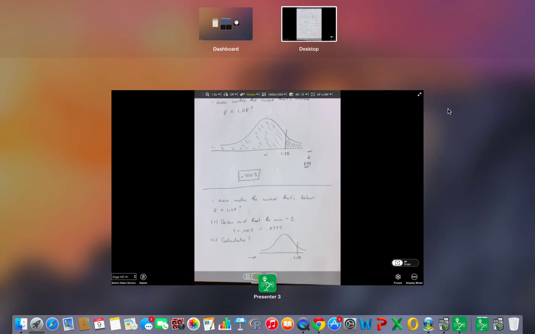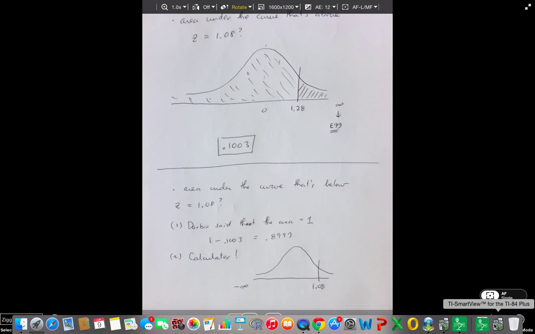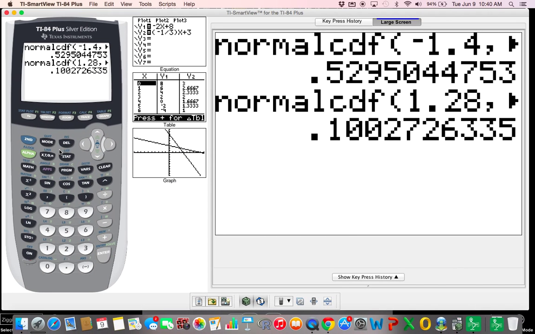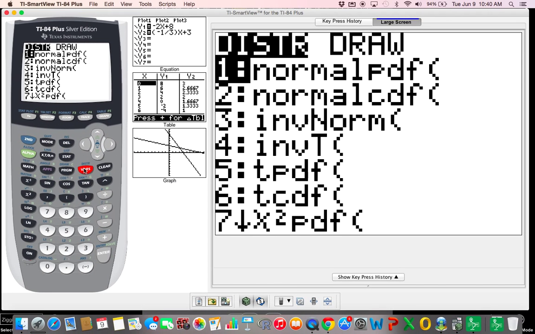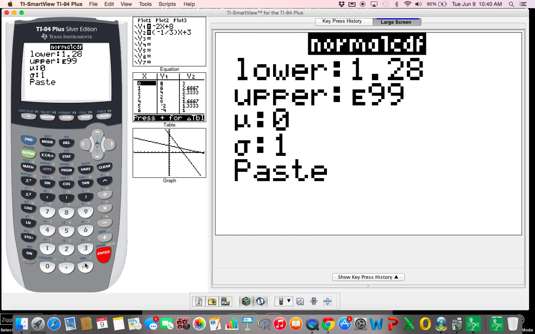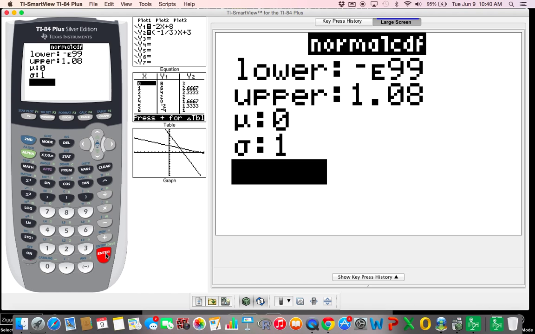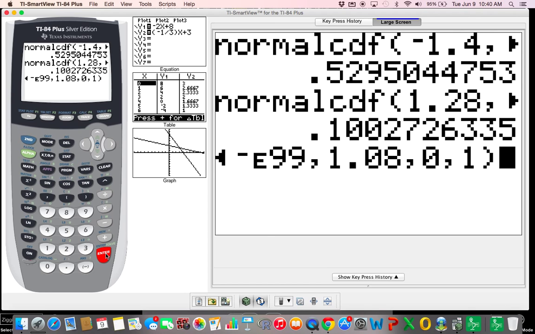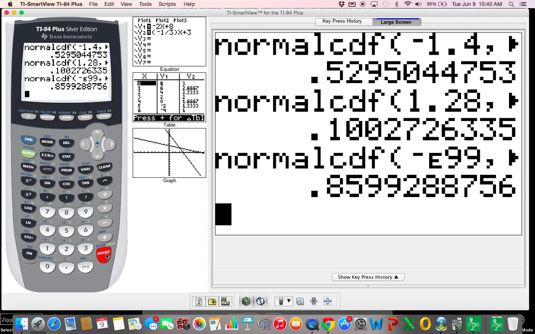So, gang, to do that, we would go second function, normal CDF. Our lower bound is going to be negative infinity. Think of it as the smallest number, even though it's not a number, it's a symbol. Let's go up to 1.08. Mean is still 0, standard deviation still 1. Come down to paste, put it in, hit enter.